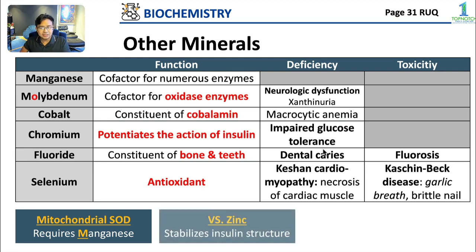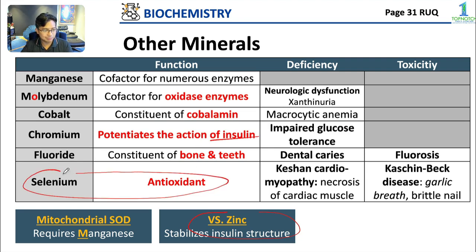In contrast to zinc, ang zinc mo naman kasi insulin structure stabilization. Pero ang chromium mo, ang ginagawa niya ay potentiation of action. Fluoride for bone and teeth, and selenium is strong antioxidant as mentioned. In deficient states, it can cause Keshan cardiomyopathy, while in excess naman, can cause your Kashin-Beck disease.